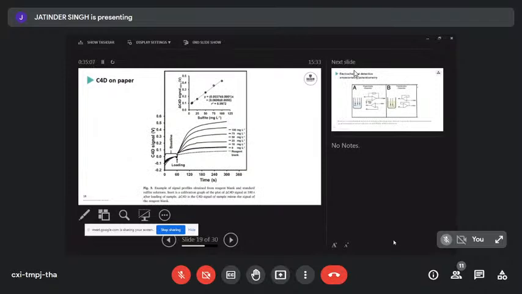So the more sulfides they put in, the bigger the signal they got, which we always like as analytical chemists. We like things to be linear. We like to be able to do quantitative measurements by measuring a certain C4D signal and then saying, there was about 70 milligrams per liter of sulfide in that mixture.